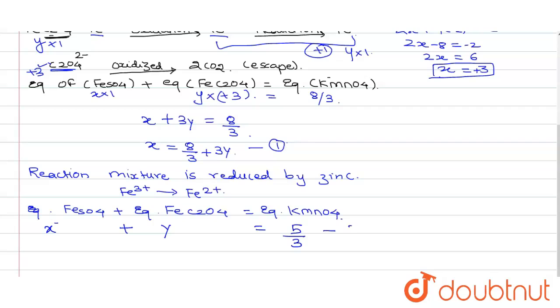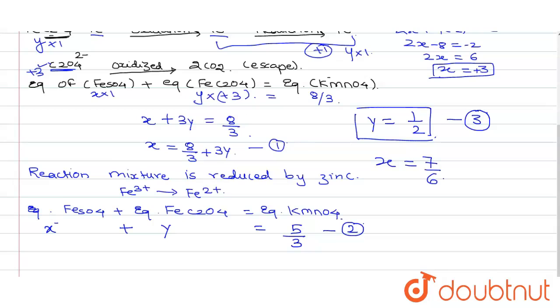Now I'll substitute equation number 1 into equation number 2 in place of x. After substitution I'll get y equals 1 by 2, and when I substitute this in equation 1, I'll get x equals 7 by 6.